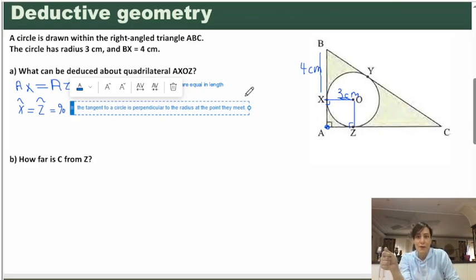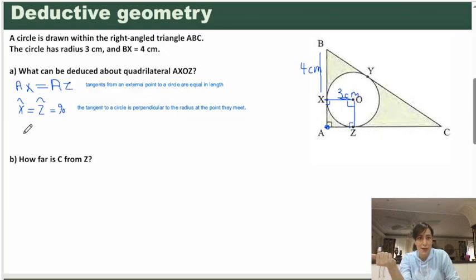So we have three of these angles, 90, 90, 90. If I add them up, it gives me 270. So I am going to find the angle O. So I say angle O equals 360 minus 270, which gives me 90 degrees.